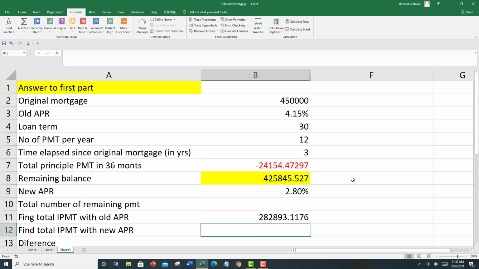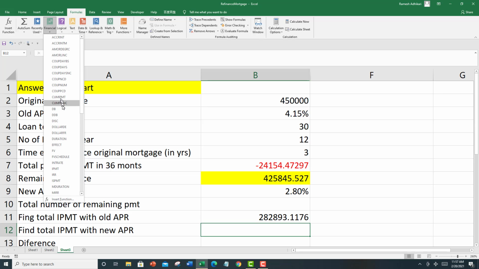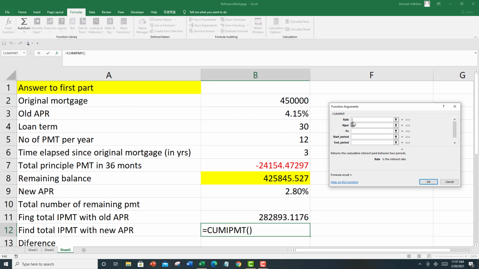So now let's compute the total interest payment using new APR, right? You can now go to formula again and financials, and then CUM-IPMT right here, right? And then rate. This time it's going to be the new APR, which is 2.8% over 12. And the number of payments, remaining 27 years, so I'm going to do 27 times 12.